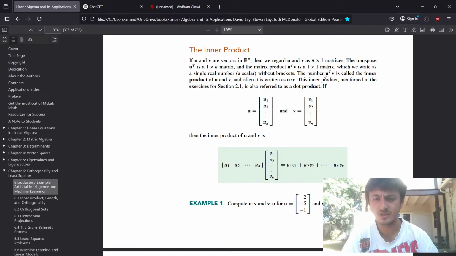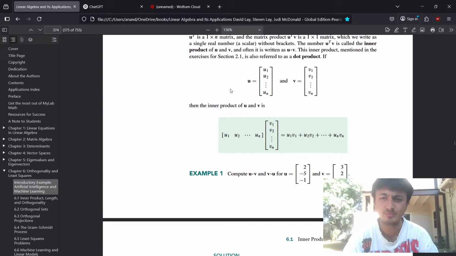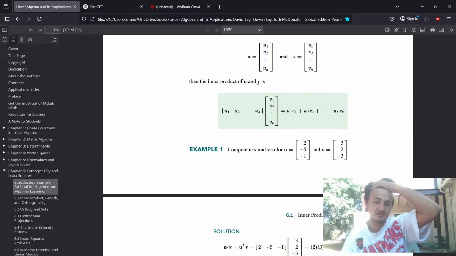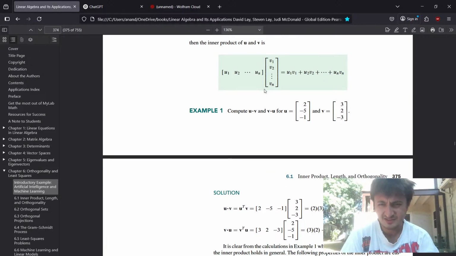U^T V is called the inner product and is often written with a dot. The inner product mentioned in the exercises for 2.1 is also referred to as a dot product. Okay, so it's just what you think it is. It's the sum of the element-wise multiplication.